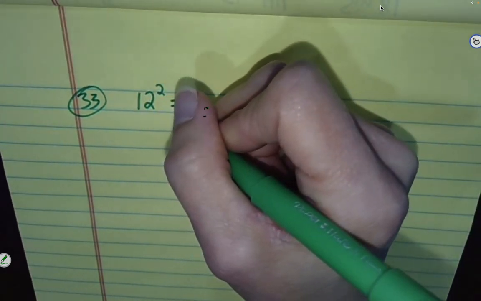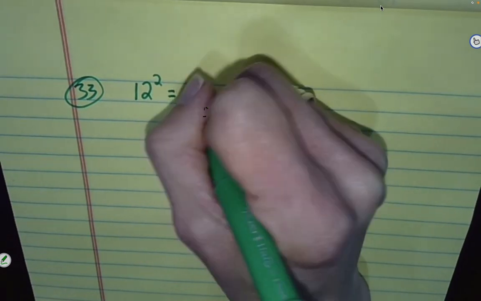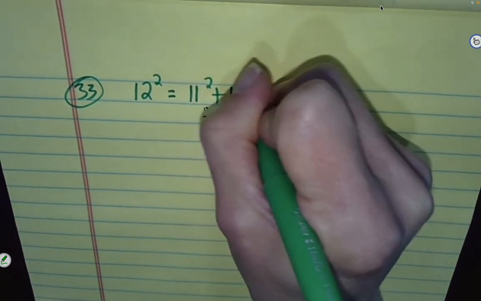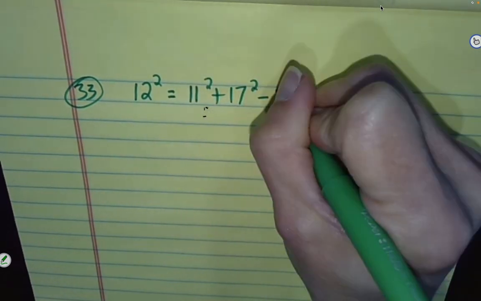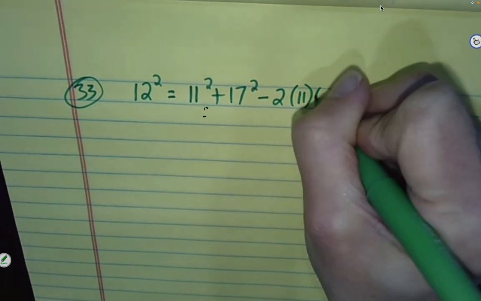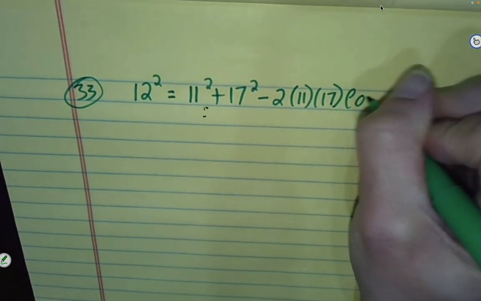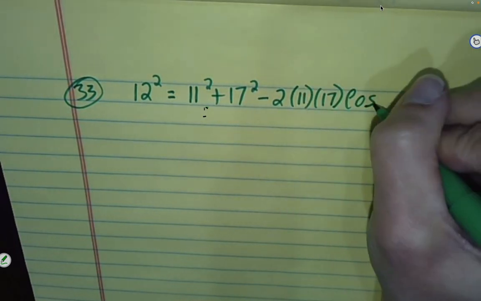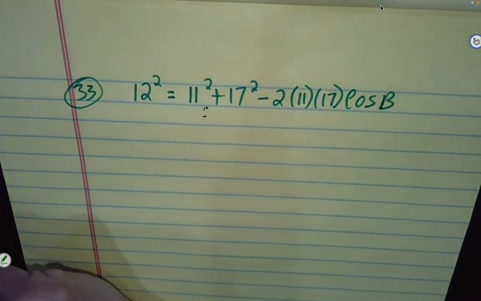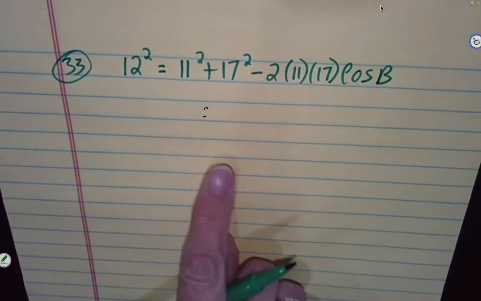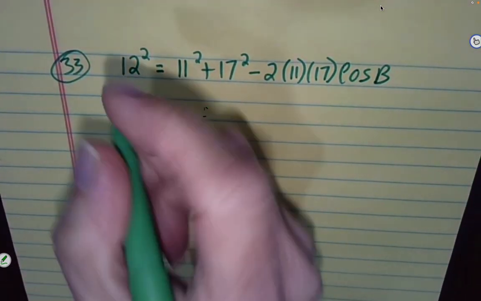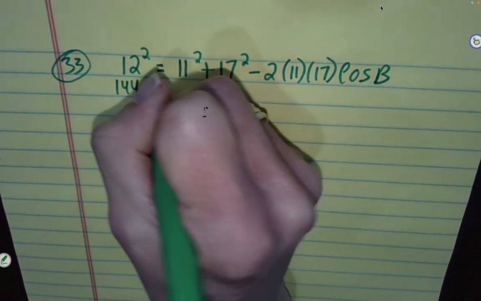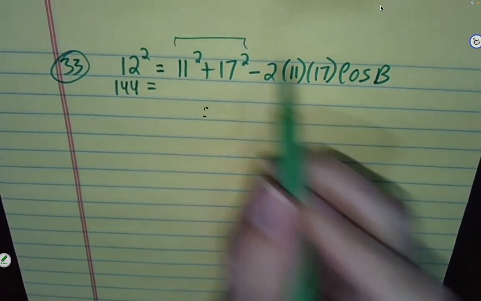Now we just put our other two sides. So my other two sides are 11 and 17 minus 2bc, 11 times 17, times the cosine of big B. That's what I'm trying to find. So this one's a little bit harder. I'm going to find 12 squared, 144. Then I'm going to find this.